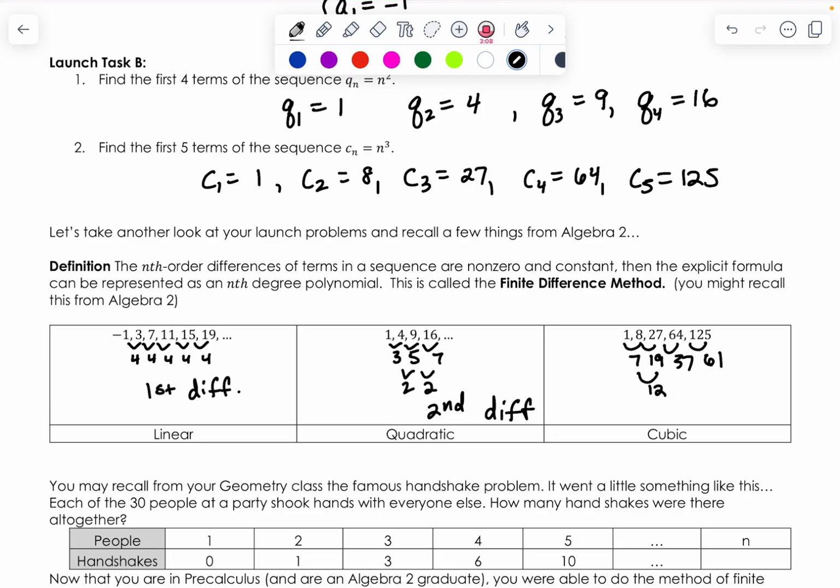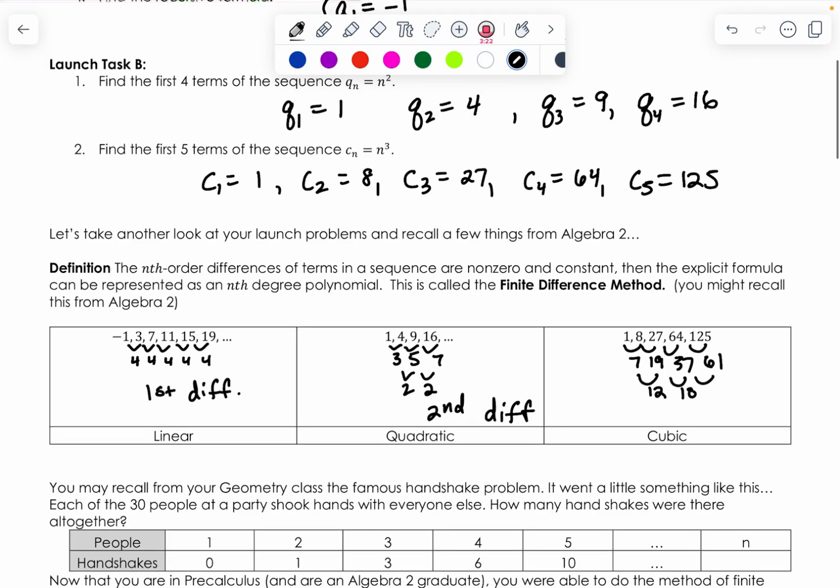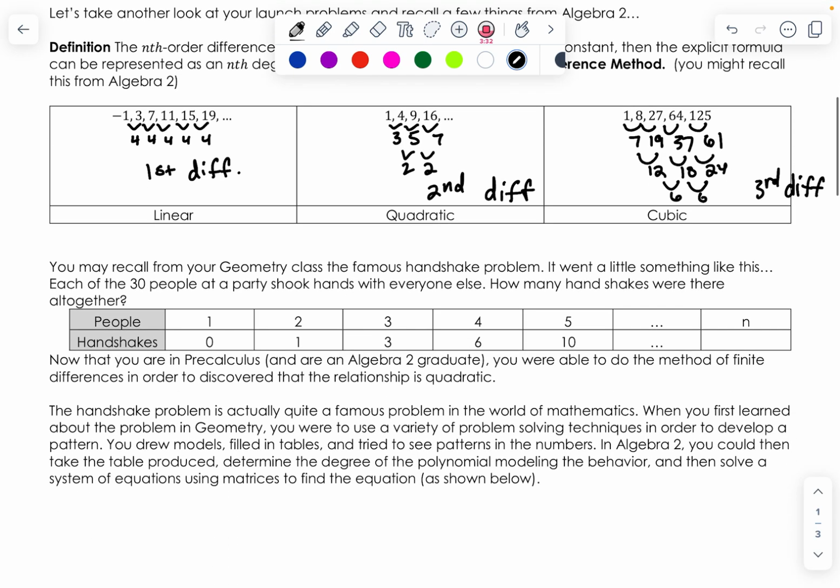So then that is 12. This is 18. And 24. And so this actually takes a third difference before we get to a constant. So it is a cubic function.